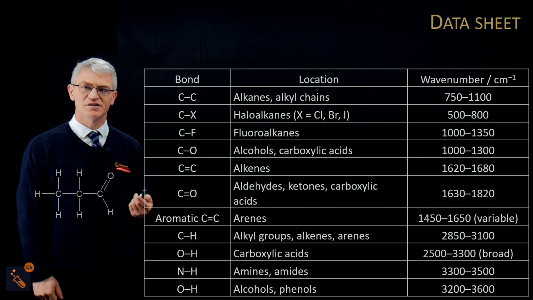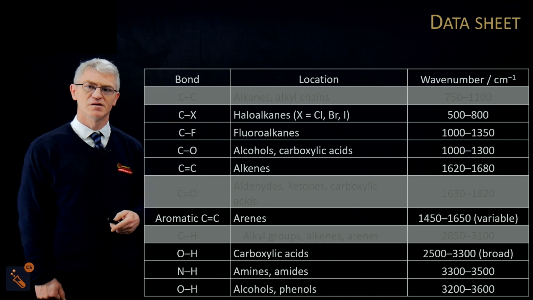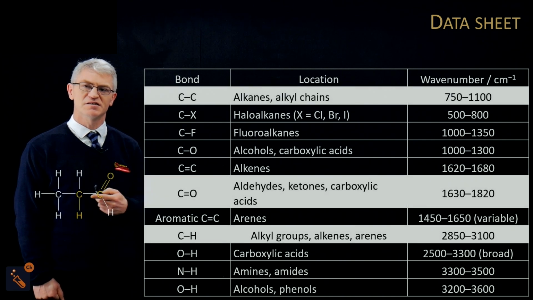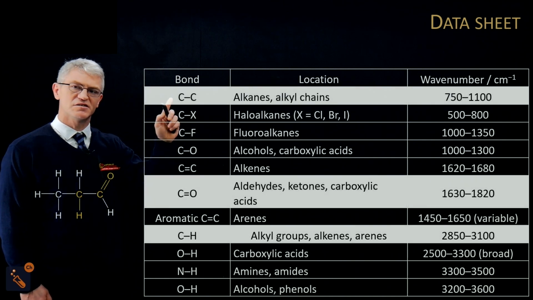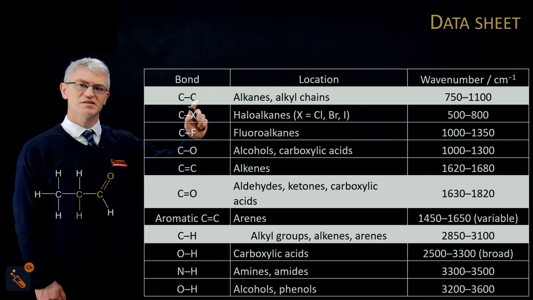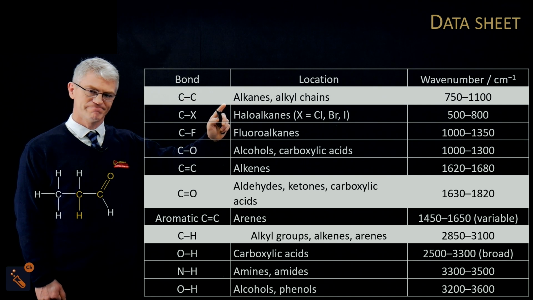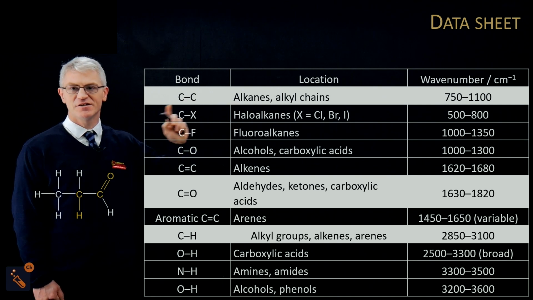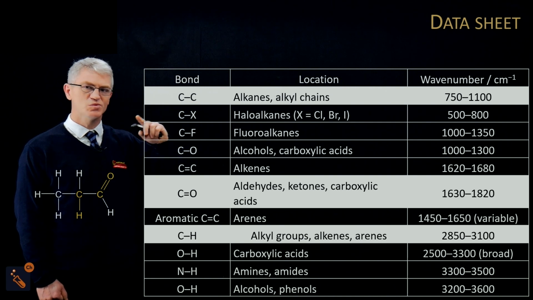Now, if you look at this molecule right here, you can see types of bonds: a C double bond O, a CC and a CH. Now the CC is in the fingerprint region, and it's in almost every single organic compound, and therefore we generally don't look at it, and you don't quote it, so don't worry about it.